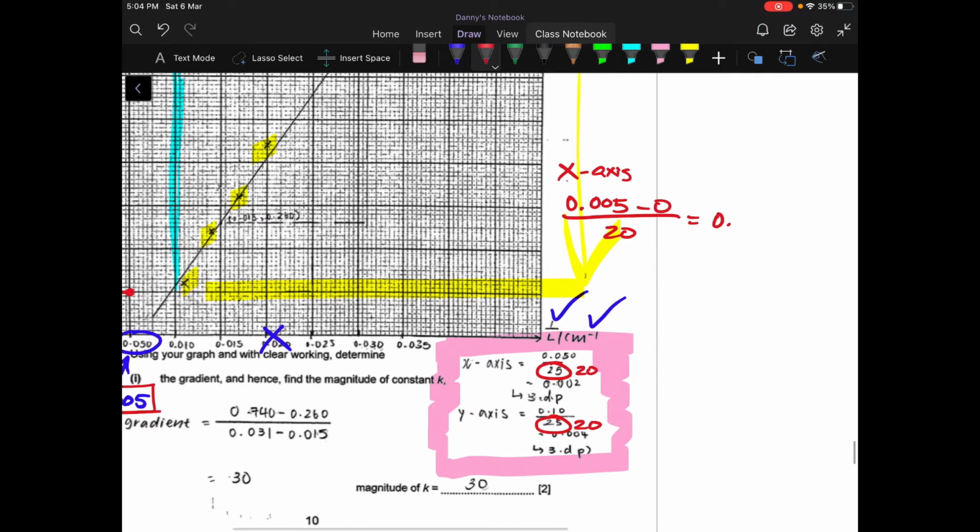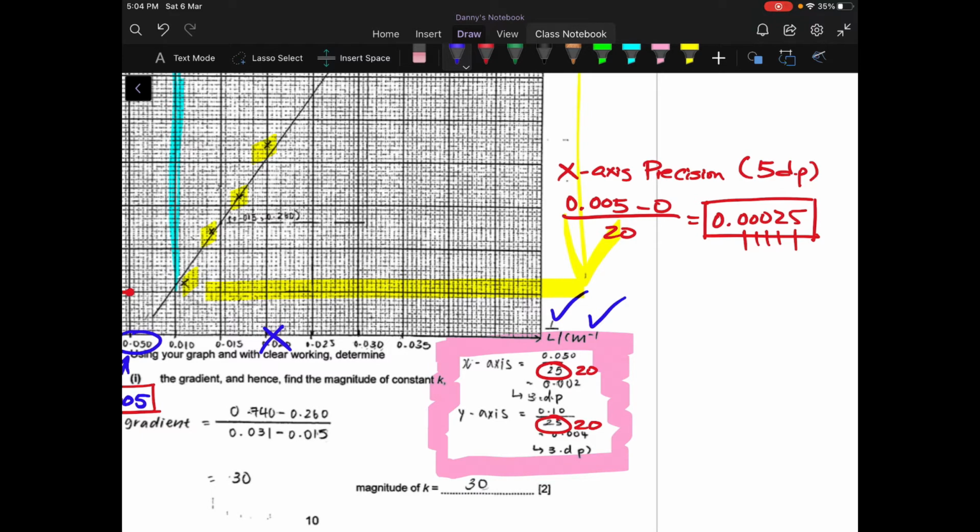I should get an answer like 0.00025. What does this tell us? This tells us this is the smallest reading you can get from your x-axis scale. So your coordinate x-axis will have a precision of 5 dp. 1, 2, 3, 4, 5 dp.